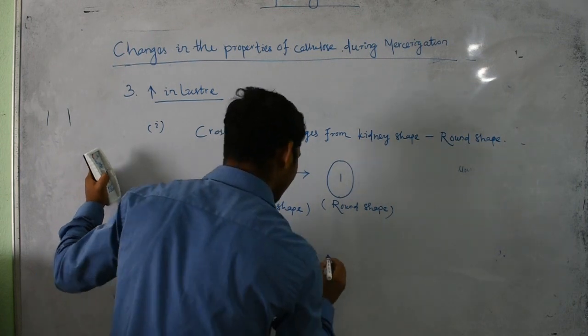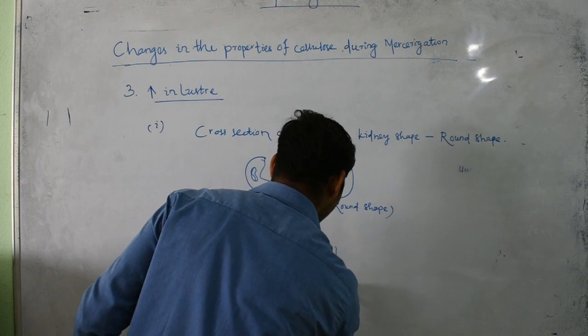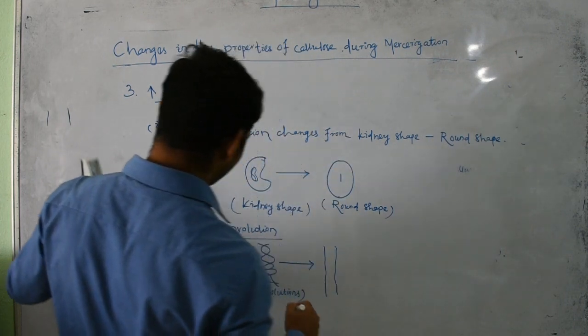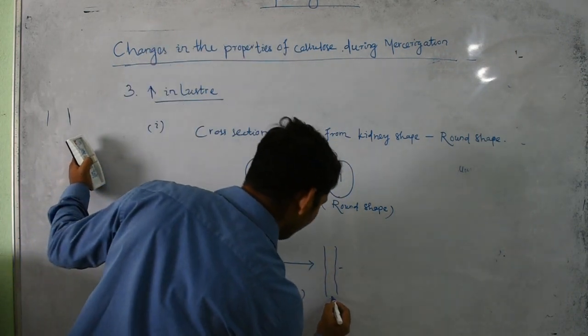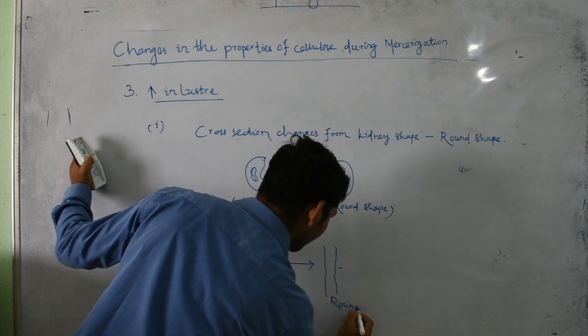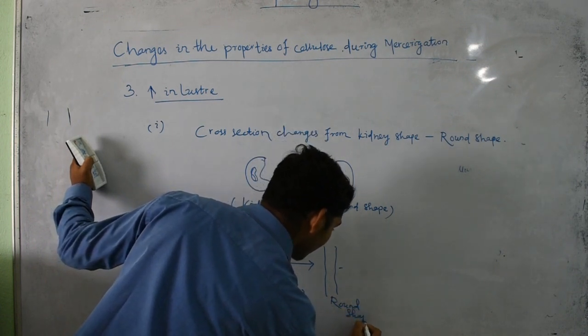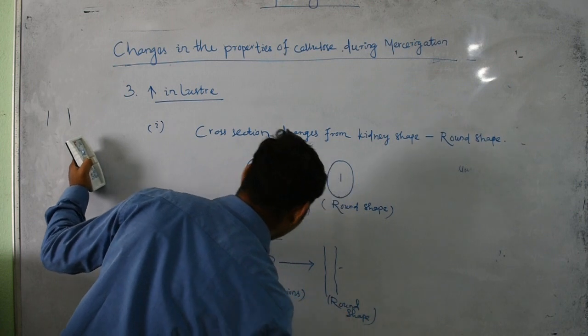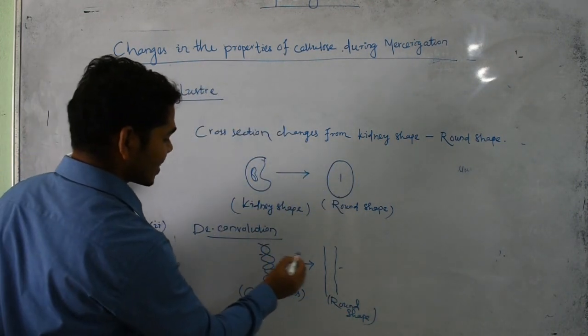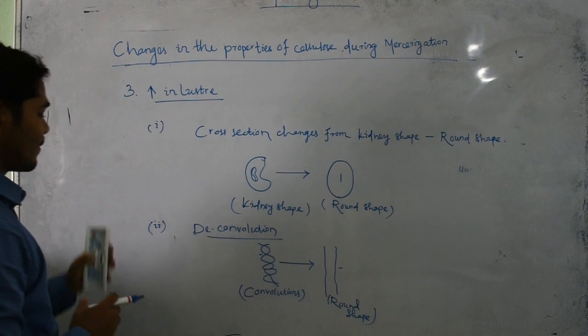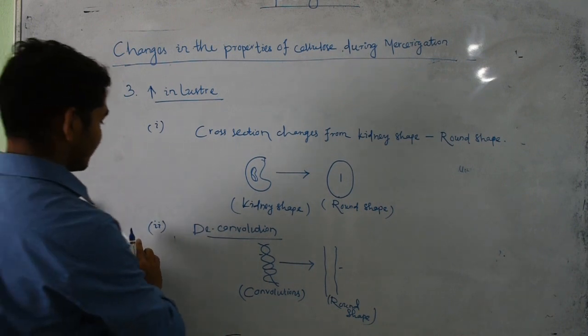And after mercerization, the cross section somewhat becomes rounder in shape. So convolutions get removed.